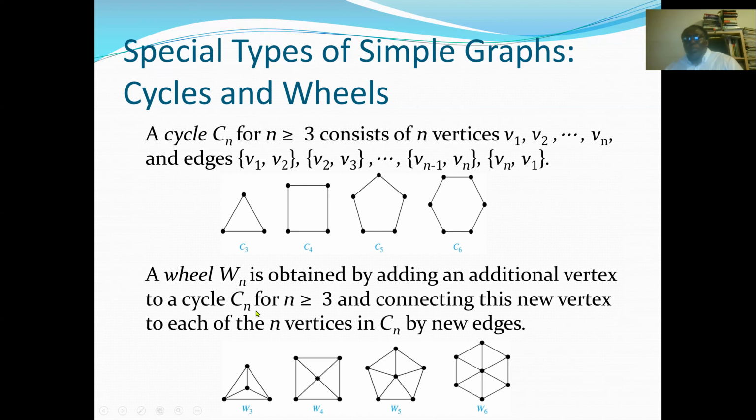Also, the wheel can be obtained by adding an additional vertex to a cycle Cn for n greater than or equal to 3, and connecting this new vertex to each of the n vertices in Cn by a new edge.